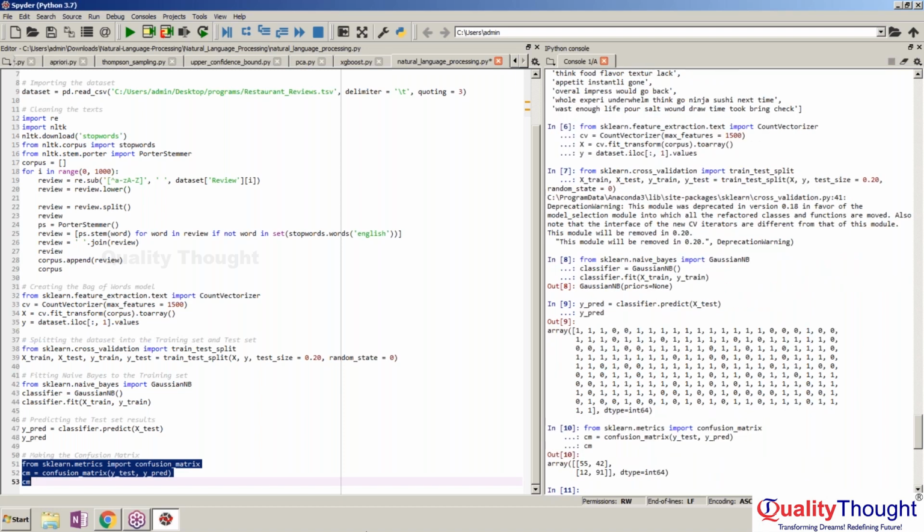So can you tell me how accurate this model is, guys? Let us try calculating this part.